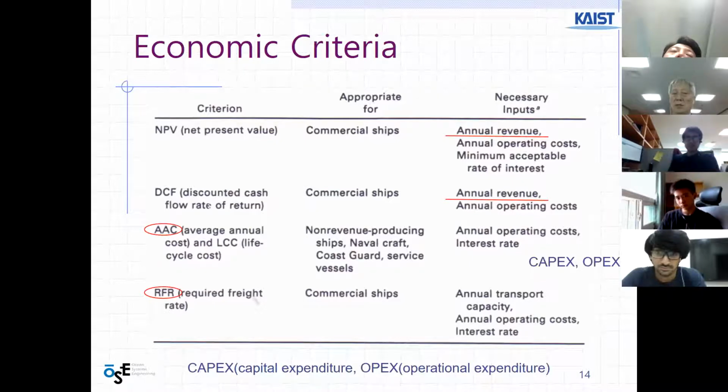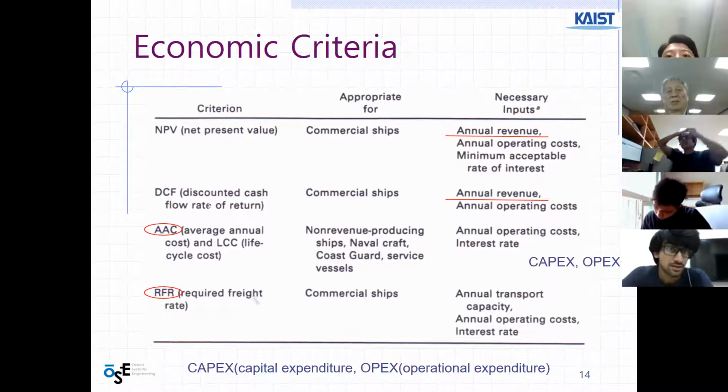The other things are operational expenditure: repair, insurance, and mainly the oil price, gasoline or diesel. That is every day or every week, you need to put in operational expenditure. CAPEX is big money at the beginning. So the annual cost AAC is made of capital expenditure and operational expenditure.